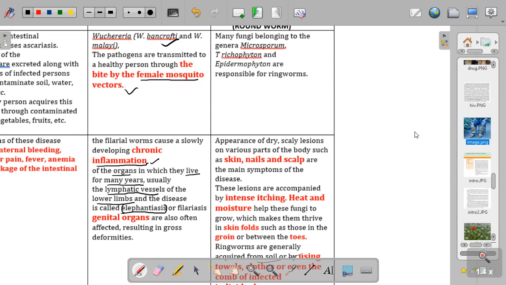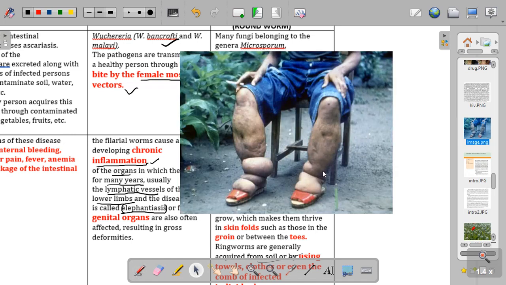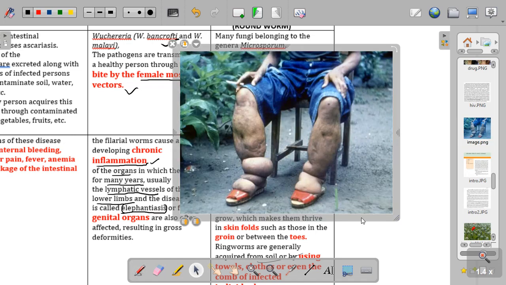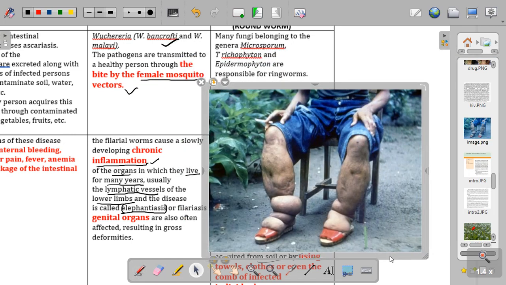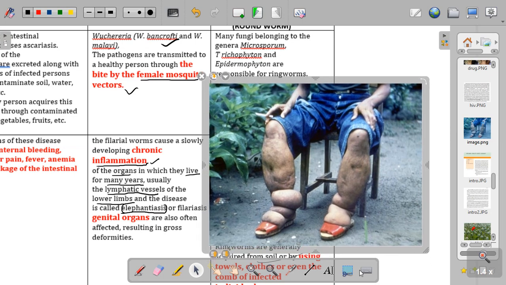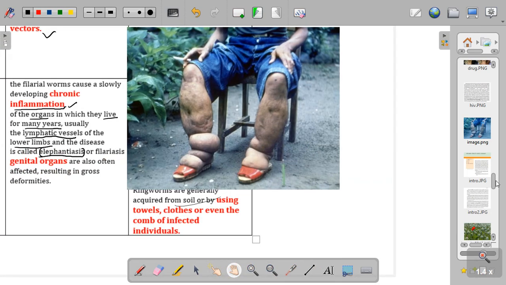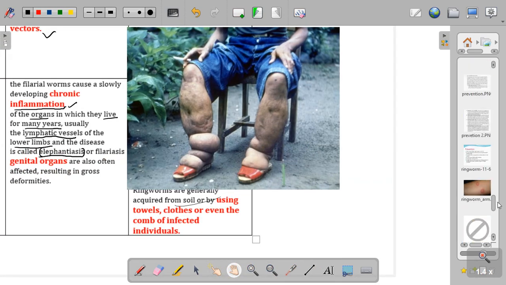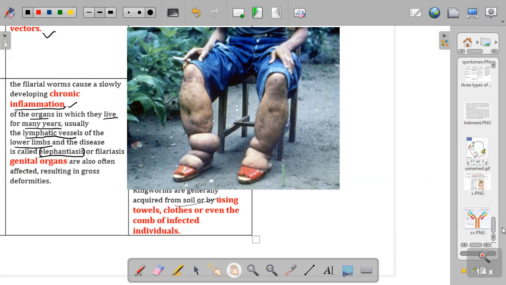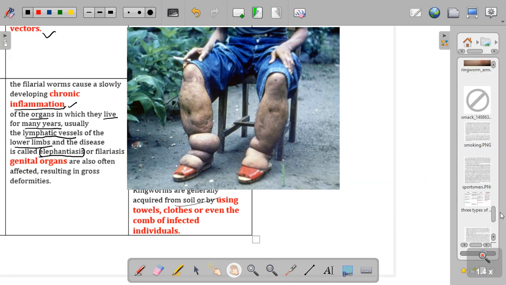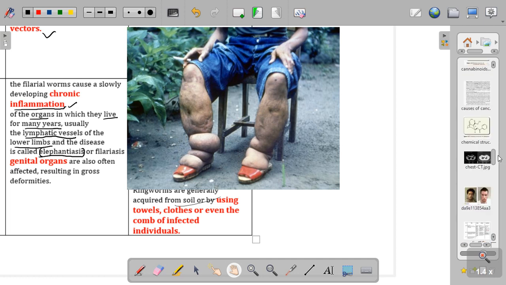You can see right over here. Let me show you a little further what and where exactly they infect. Let me show you this lymphatic system chart. You see, this is another picture.